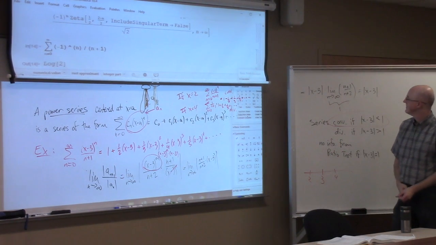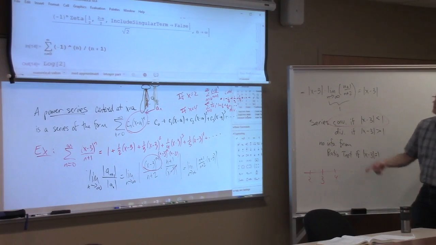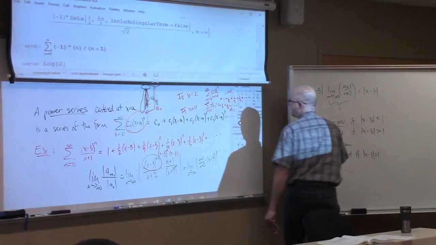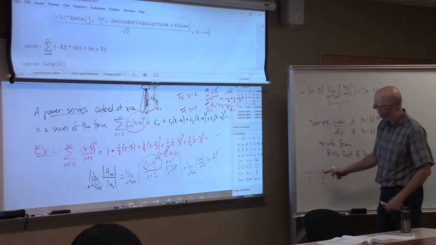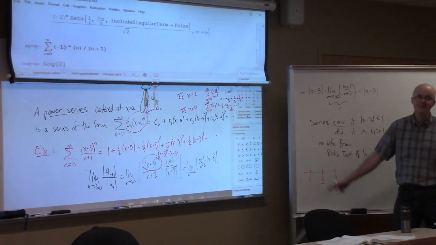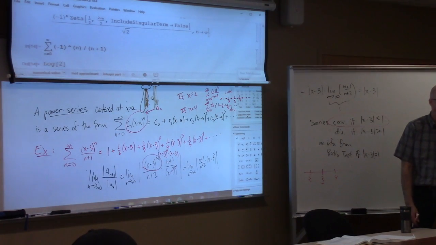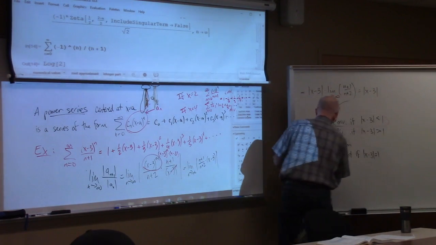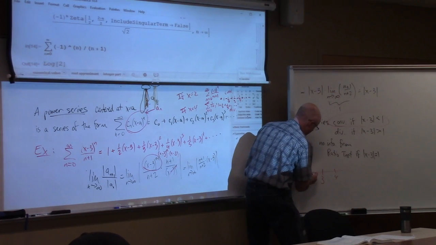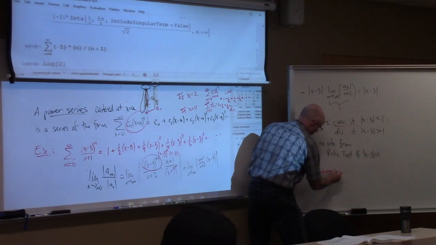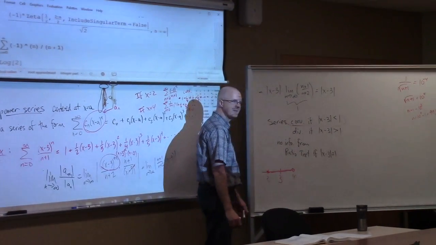So actually, this power series converges on an interval from 2 to 4, including 2 but not including 4. Kind of strange. The so-called interval of convergence looks like that.